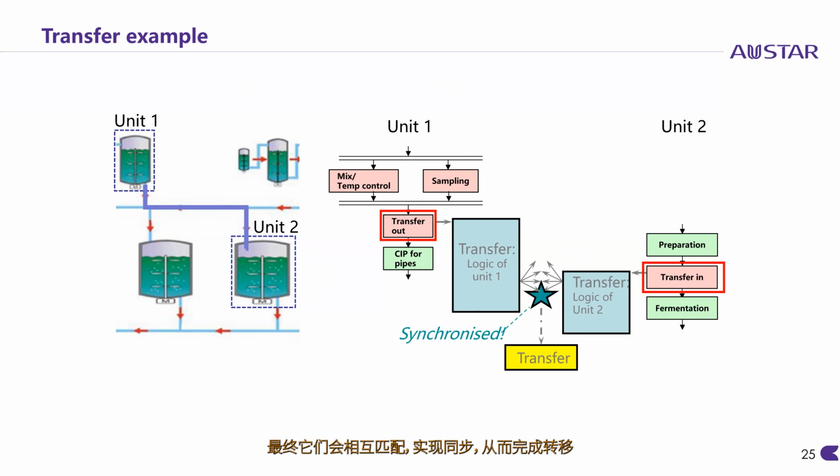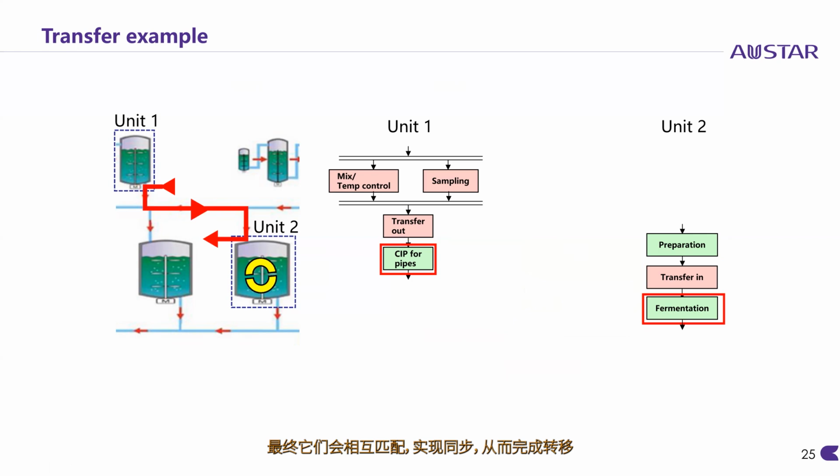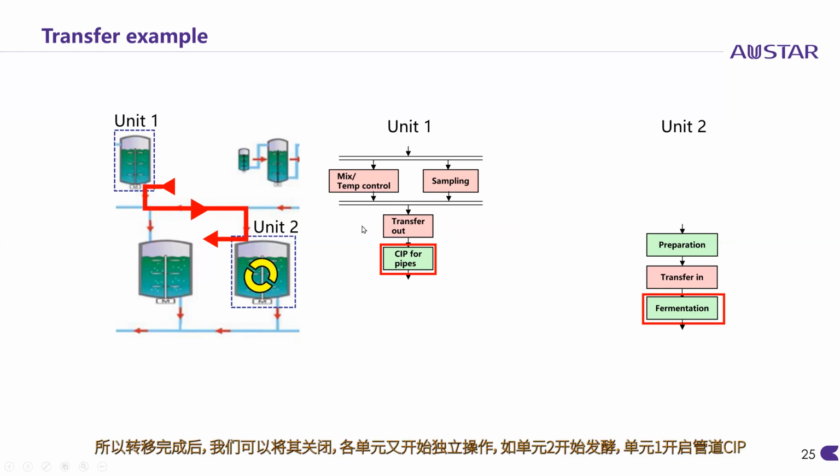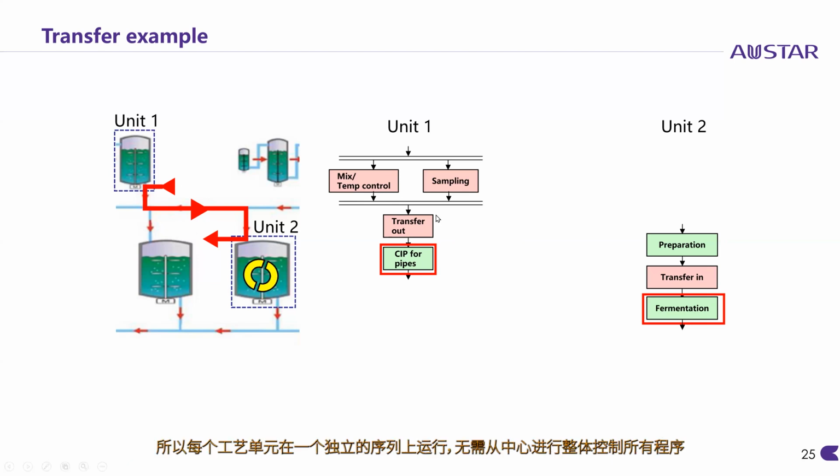When it is done, we can switch it off, and each unit again goes a separate way, like unit 2 is going to fermentation, so it's fermenting, while unit 1 has activated cleaning for the pipes. So with this mechanism, we can run independent sequences for all units and only synchronize, and we don't need a full overall program to control everything from a central place.